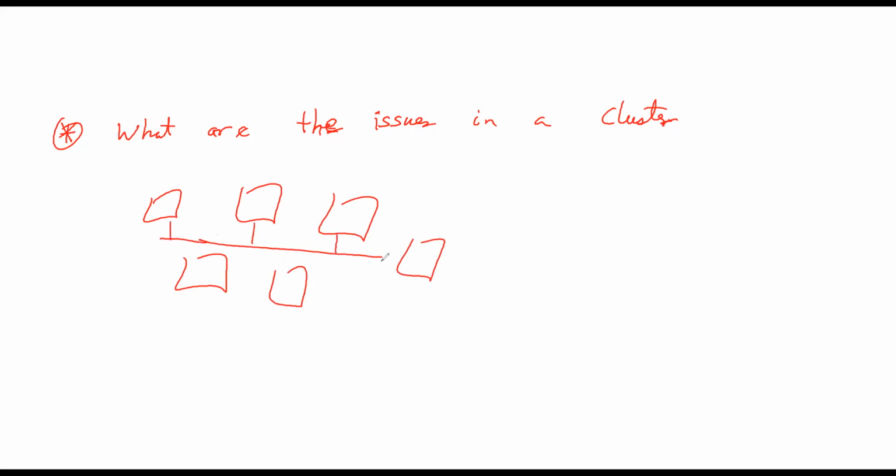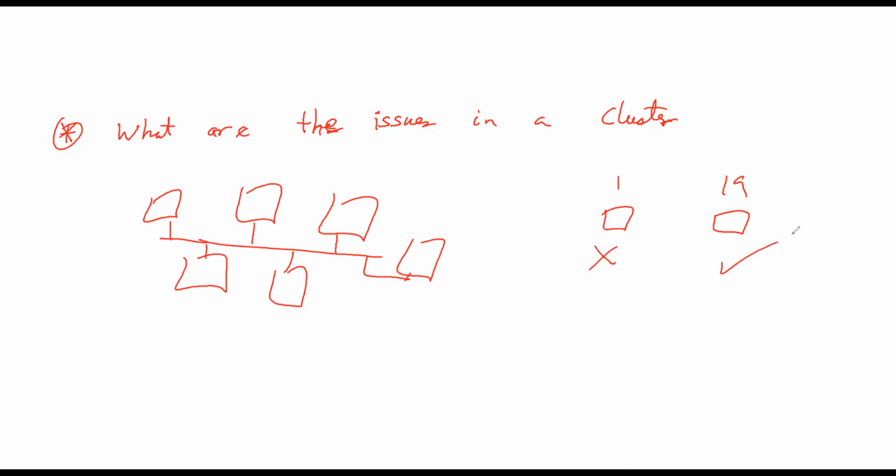Well, if they're not connected, one node goes down and all the rest continue to run. Say you have 20, this one fails, and all these continue to run.